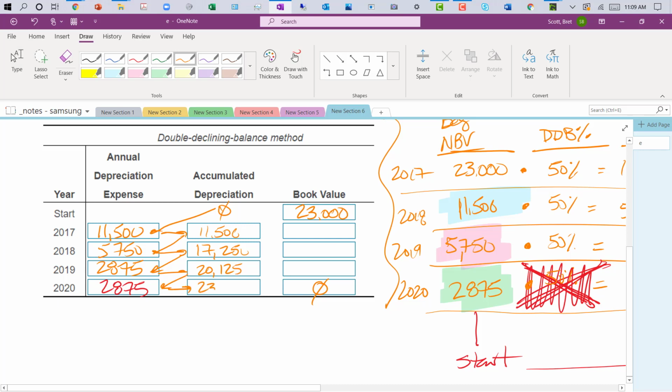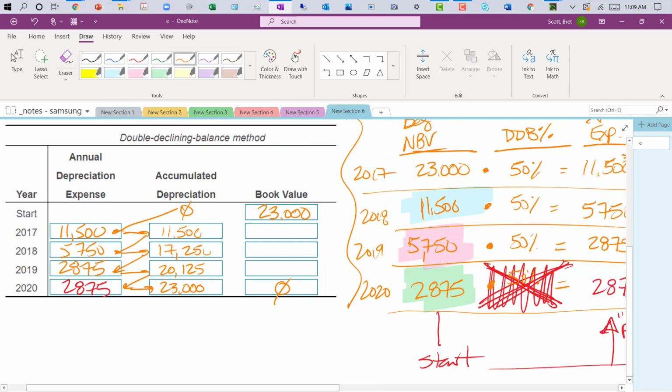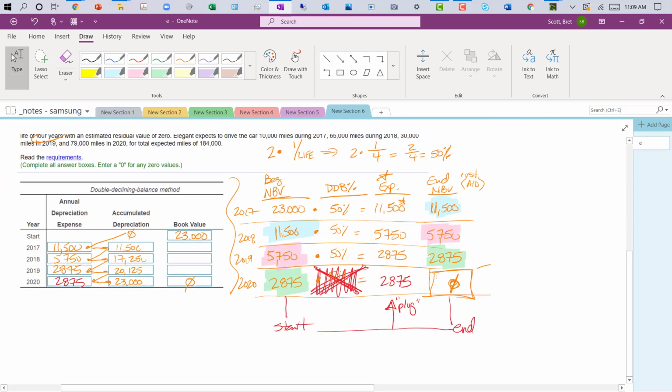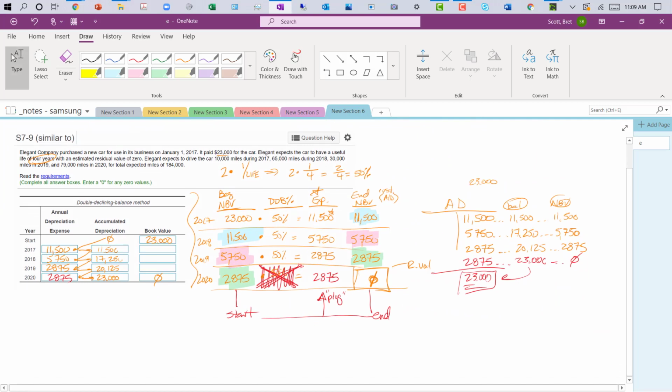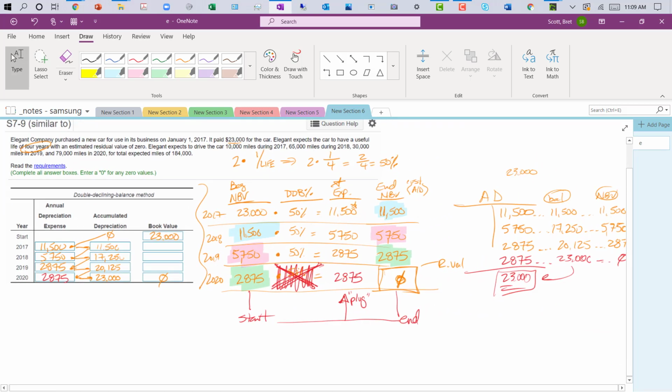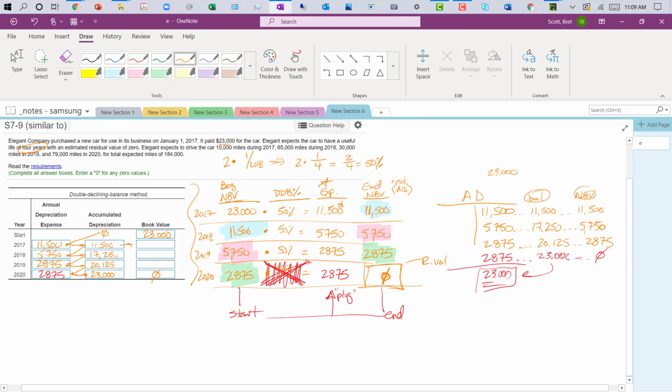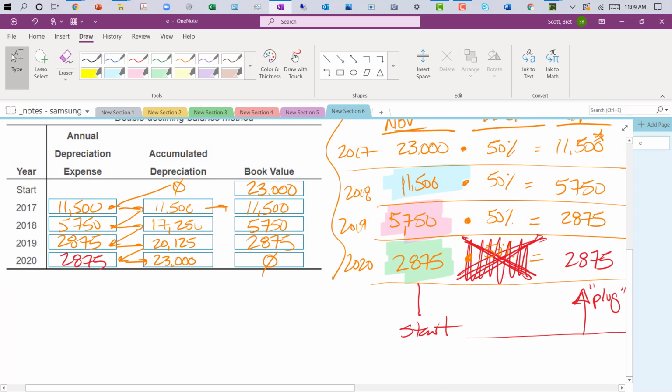Gets me 23,000. And then you just go through and plug in your book values. Again, this is why I like to have my own sort of notes off to the side. So 11,500, 5,750, 2,875. Boom. That's how I do it.